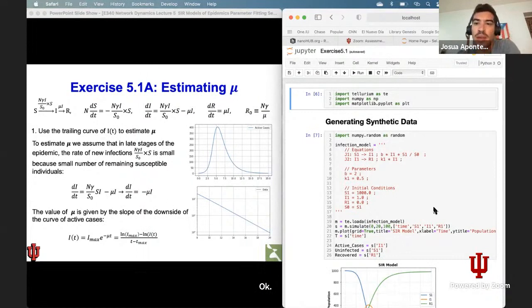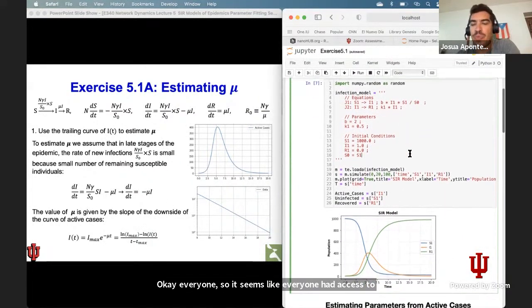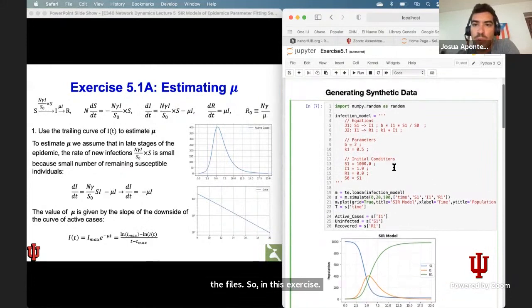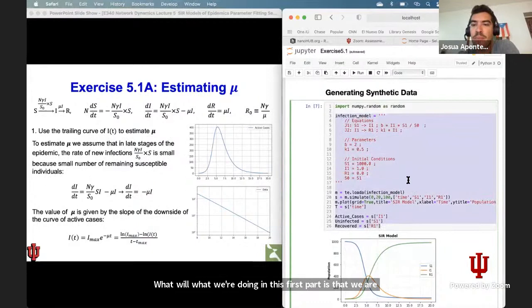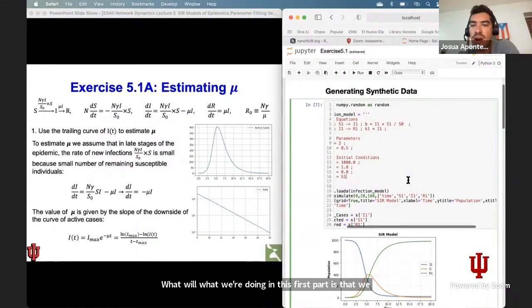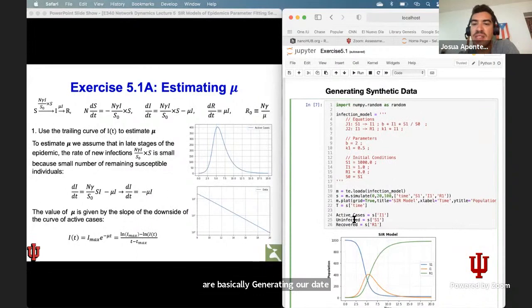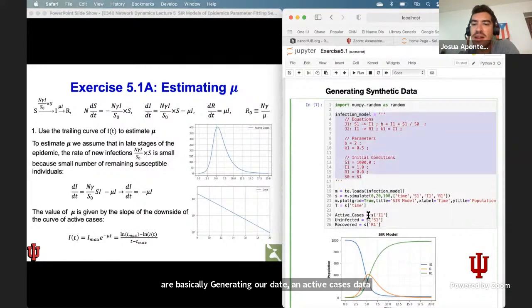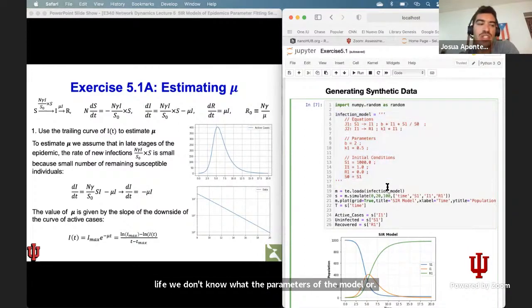In this exercise, in the first part, we are generating our active cases data from the SIR model. In real life we don't know what the parameters of the model are, but in this exercise we generate the data ourselves, so we know the ground truth because we set the parameters.